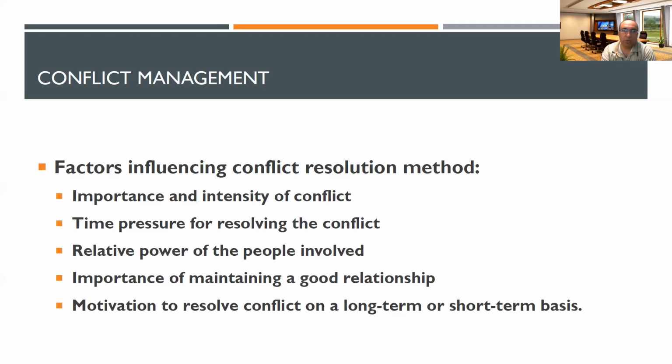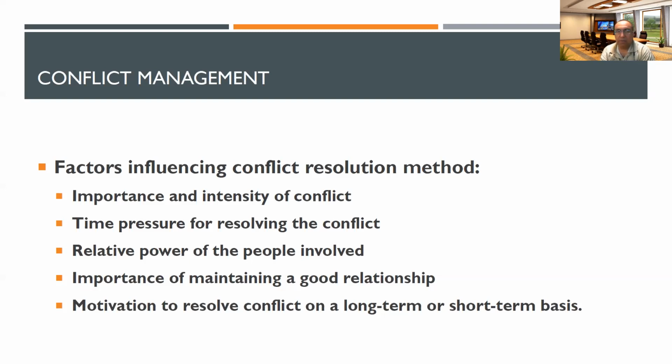You also need to remind them about the importance of maintaining a good relationship and the motivation to resolve conflict on a long-term or short-term basis. So you should have the motivation to resolve this. It's not just short-term, it should be more long-term. Or maybe you have to see if there's a conflict that starts at the end of the project that is going to finish anyway, you don't really care about it, everything is mostly done. So it depends on the situation also.